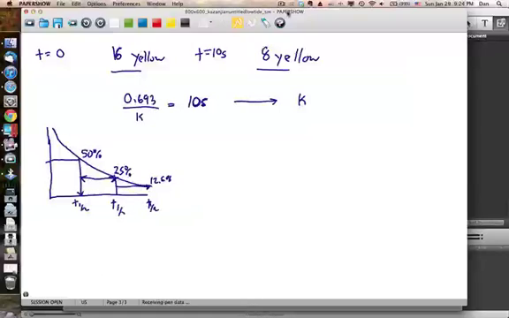And probably one of the most simplistic and commonly encountered first order reactions is radioactive decay.